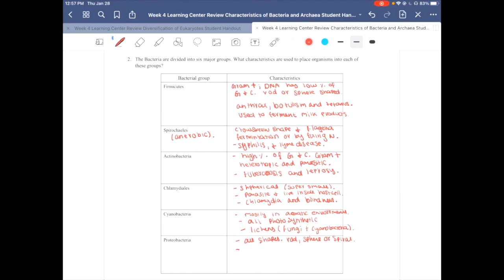And a fun fact is that they're used to produce vinegar. These are also the types of bacteria that you find living in or on plant roots, and this helps the plants because they fix the nitrogen and make it into a form that's useful for the plants.